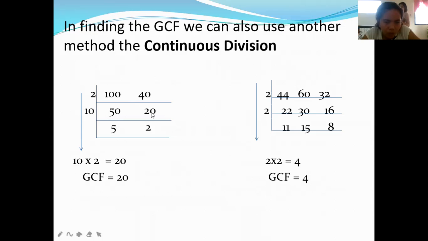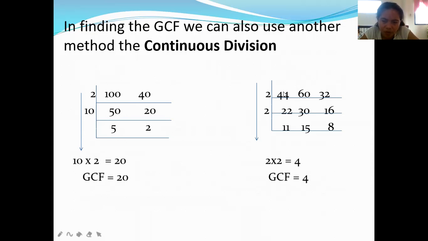Then 50 and 20 can be divided by 10. 50 divided by 10 is 5, and 20 divided by 10 is 2. So here are the divisors, we have 2 and 10. We are going to bring down and multiply, 10 times 2 is 20. So our GCF is 20.